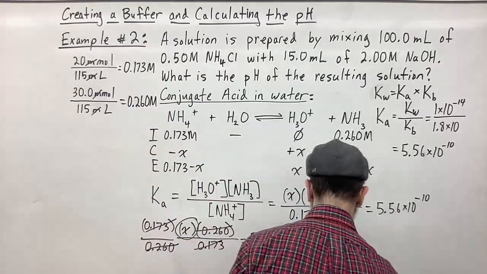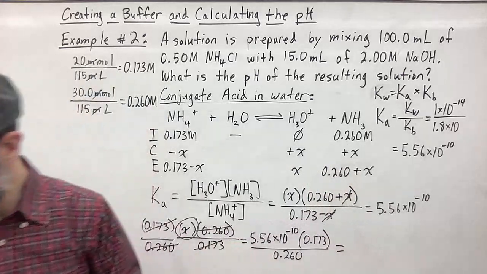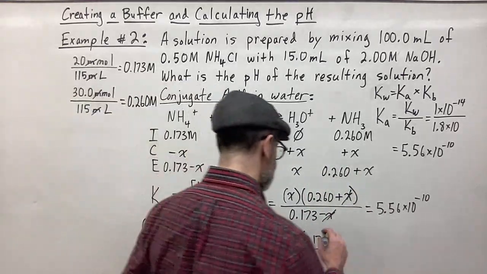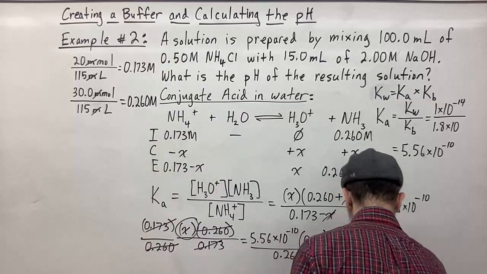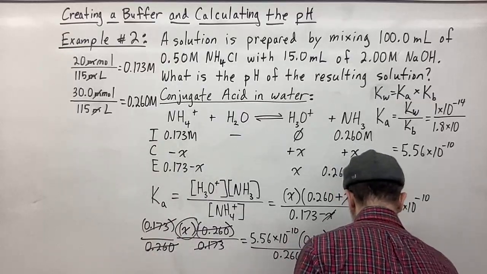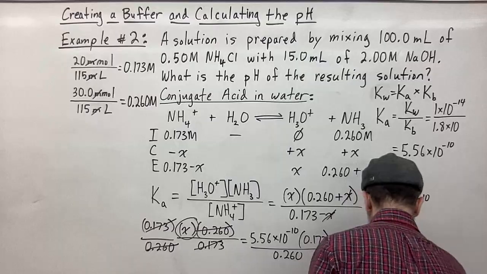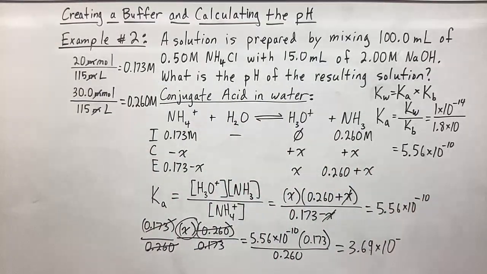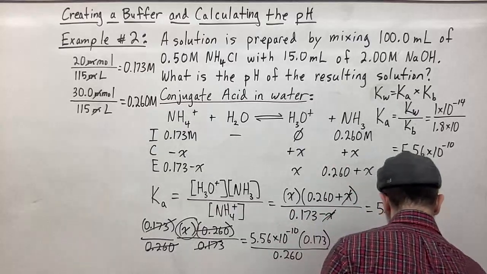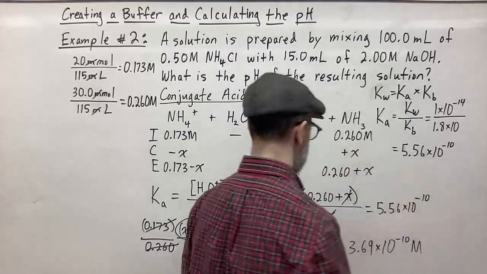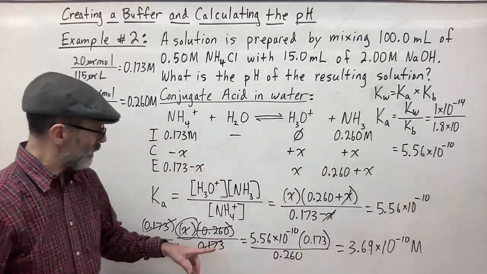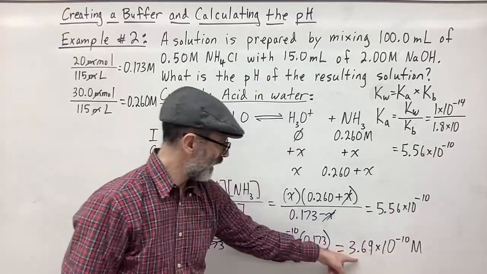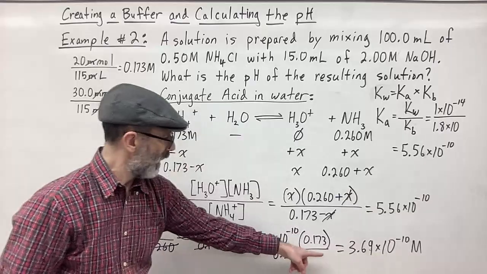And so when we calculate this out, we get 3.69 times 10 to the negative 10 molar. And so this is equal to x. And you can see the change that we have for x.